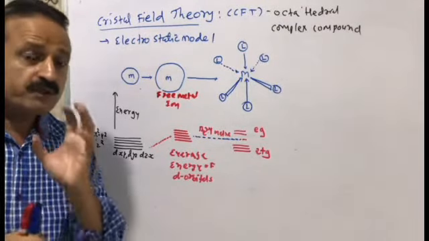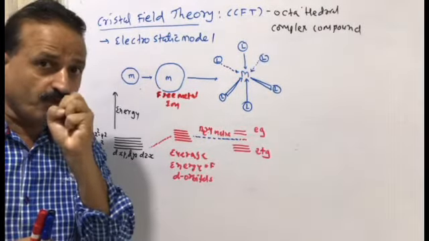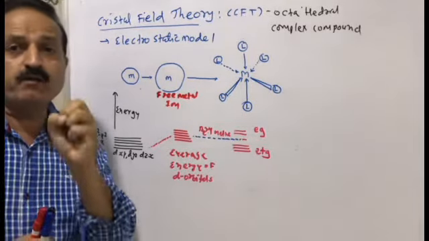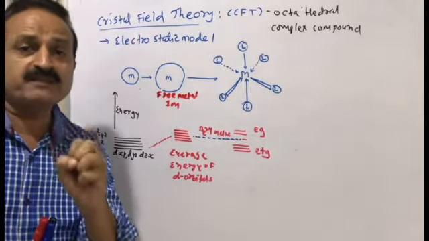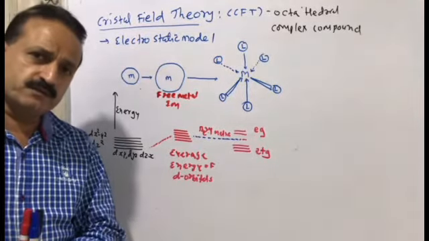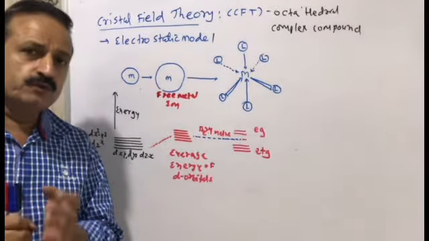So what happens in an octahedral complex compound, and when do d orbitals split? This is very important to discuss.